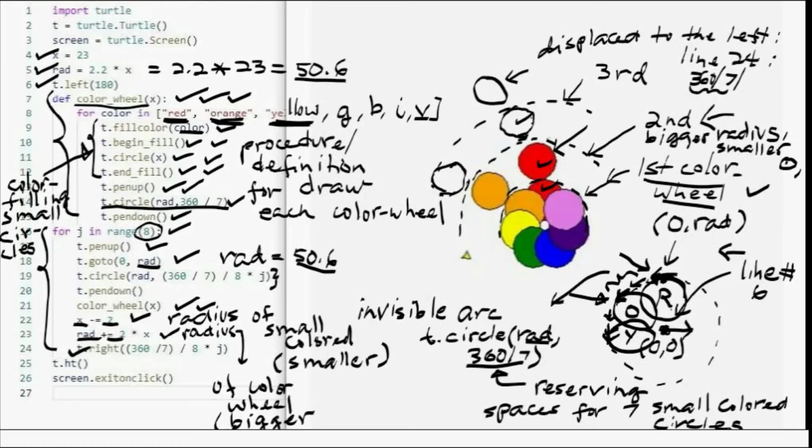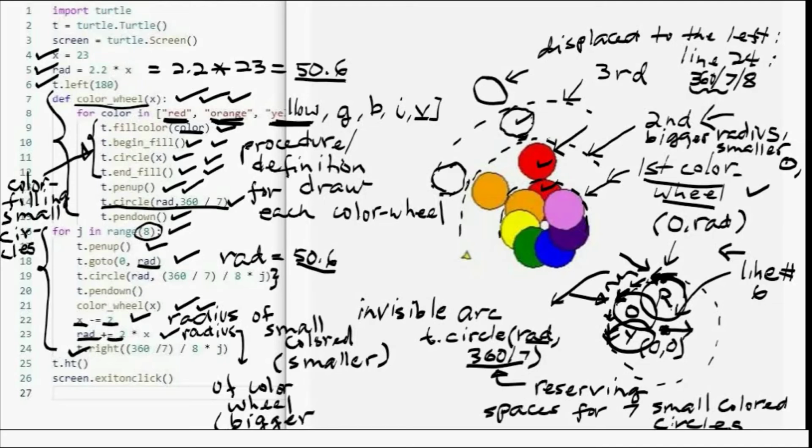And then we divide the distance between two color circles inside the color wheel into 8, because I'm going to draw 8 circles.